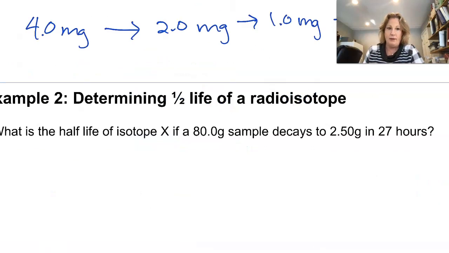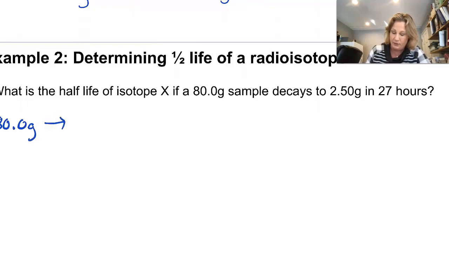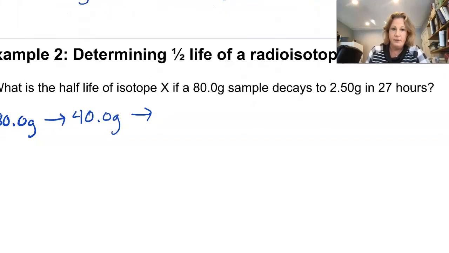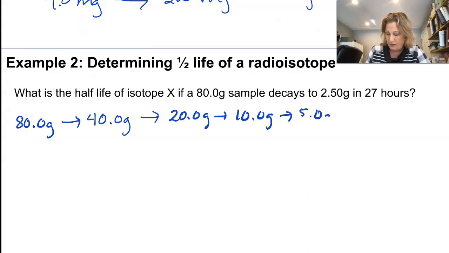This is another type of problem where I tell you the amount of total time that passes. So if I have a sample and I'm starting with 80 grams, it undergoes 1 half-life, so only 40 grams of it remain. And then it just keeps halving until we get to 2.5 grams.